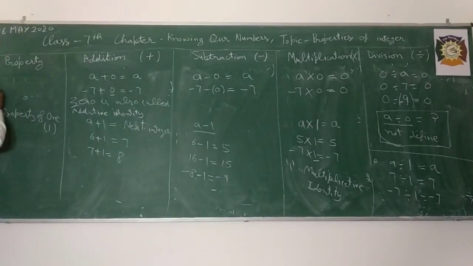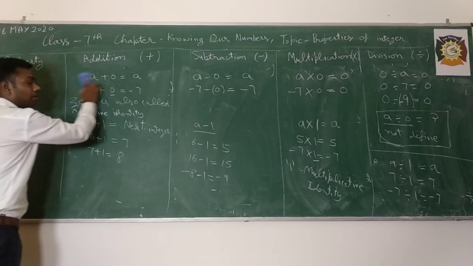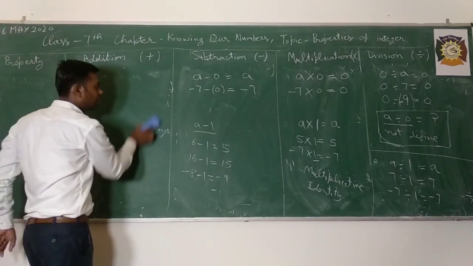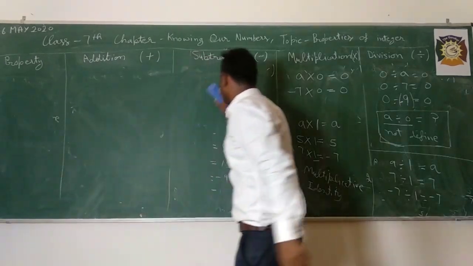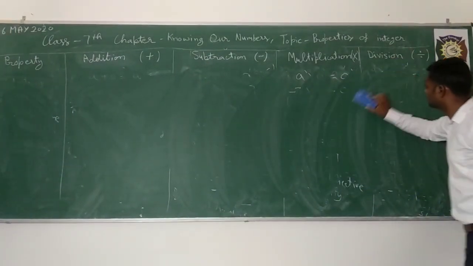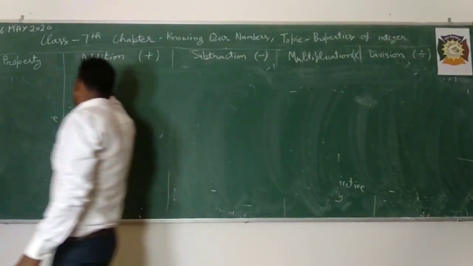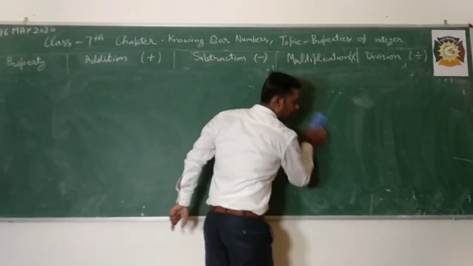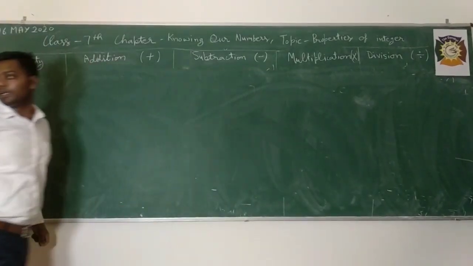Next, properties. Two properties left: inverse and distributive.